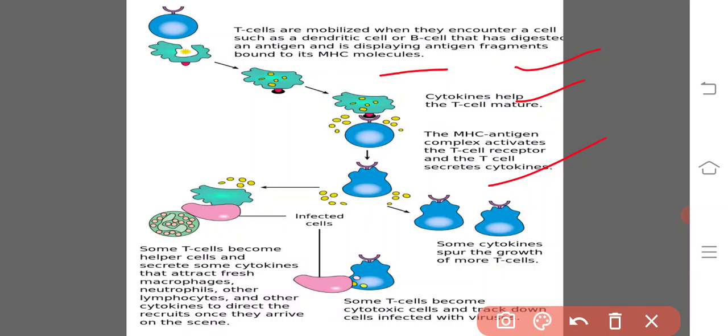Some T cells become helper cells and secrete cytokines that attract fresh macrophages, neutrophils, and other lymphocytes, and other cytokines direct the recruits once they arrive on the scene. Some cytokines spur the growth of more T cells. Some T cells become cytotoxic cells and track down cells infected with viruses.